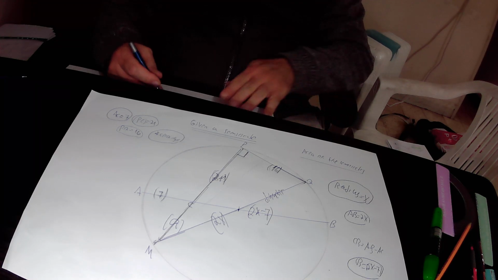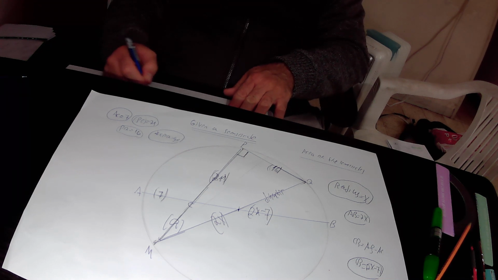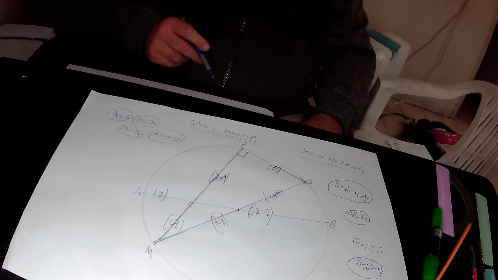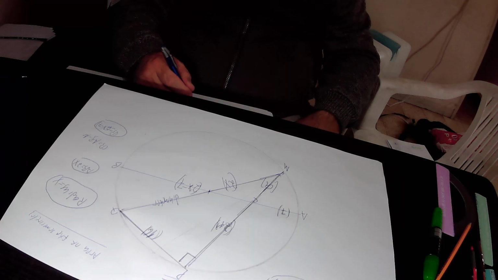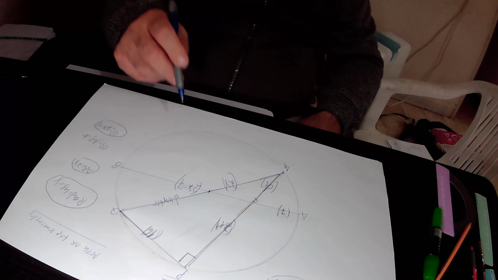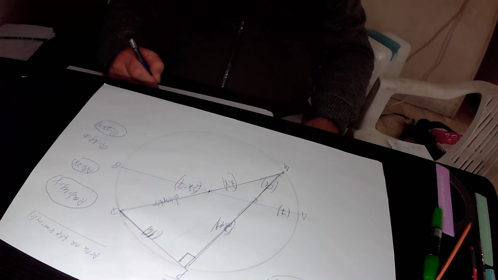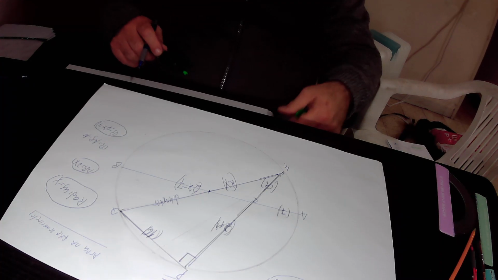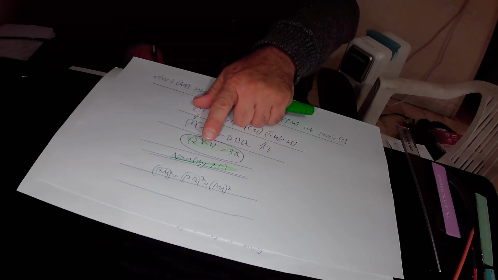So in this right triangle PQM, here is the equation for the Pythagoras theorem. QM squared, that is the square of the hypotenuse, equals PQ squared plus PM squared.